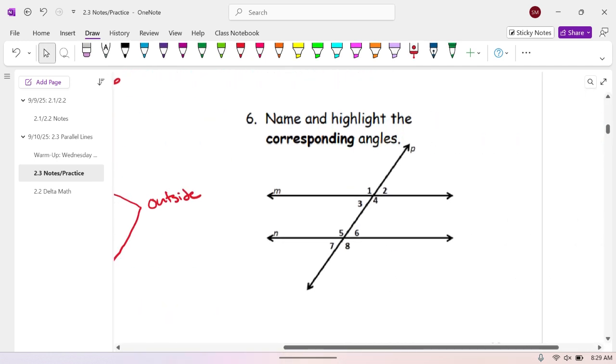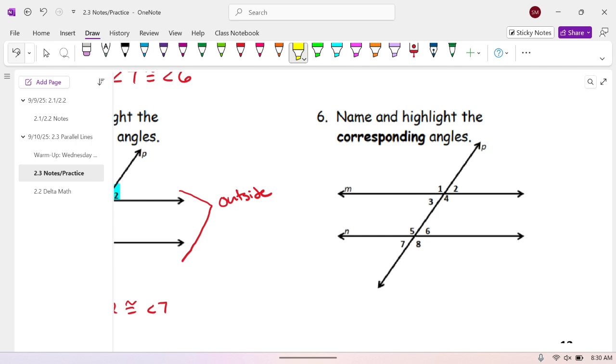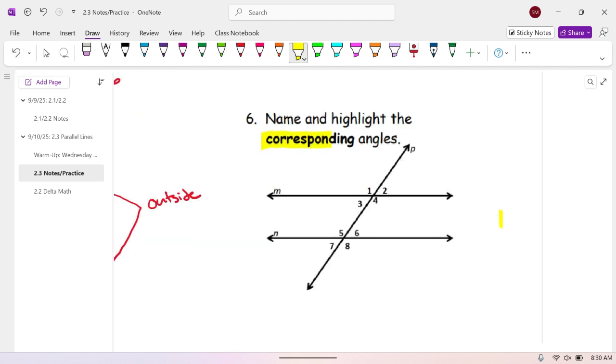Now we have corresponding. So when you hear the word corresponding, what do you think of? They're the same. So they're similar. When I hear the word corresponding, at least in math, specifically when we're talking about these angles with parallel lines, I typically think about them as same spot on a different line.